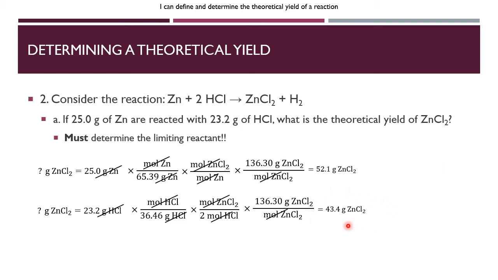Notice the hydrochloric acid can produce less zinc chloride than the zinc can, so my HCl is limiting, and thus my theoretical yield is the 43.4 grams of zinc chloride. Again, recall from the last video that once I get to that 43.4 grams of zinc chloride, I am out of hydrochloric acid. There's no more HCl left, and so the reaction stops, and I've reached my theoretical yield.